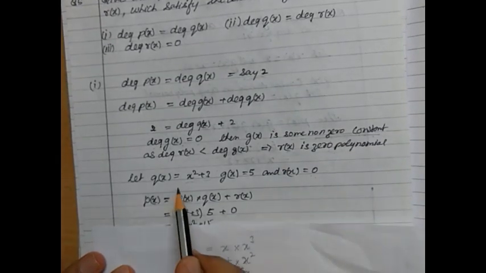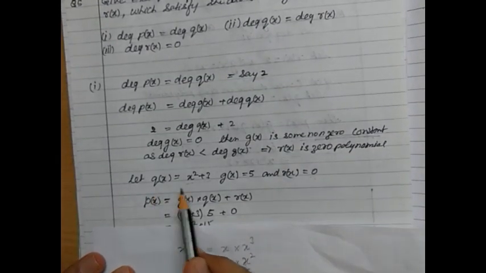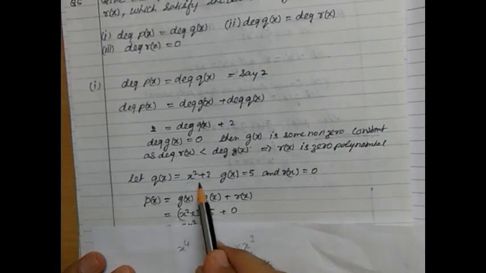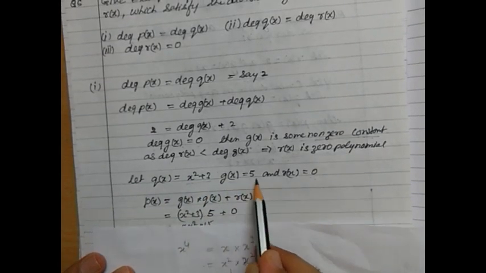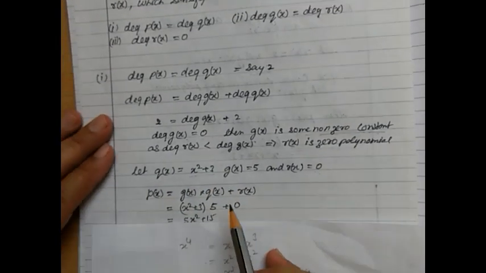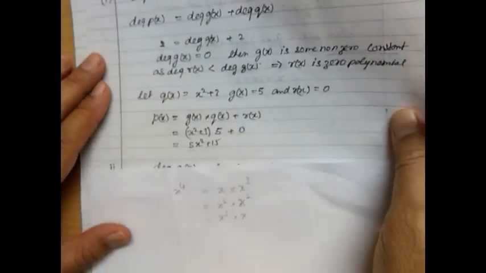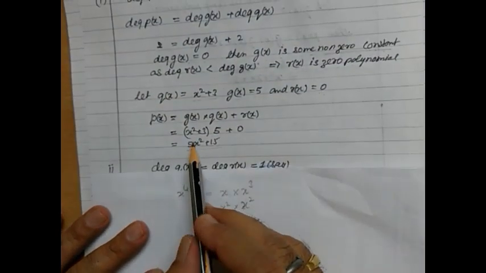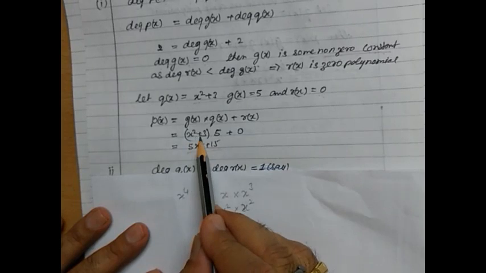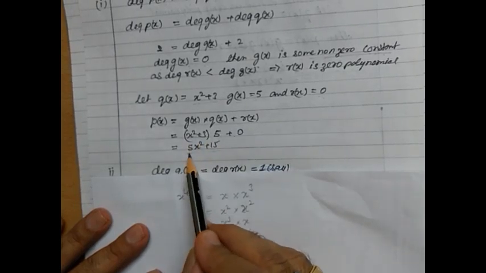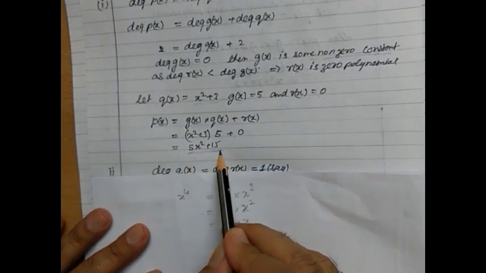Okay, so here we take the quotient polynomial as x square plus 3, and the divisor as some constant, say 5. When we multiply as per the division algorithm, x square plus 3 into 5, we get 5x square plus 15.